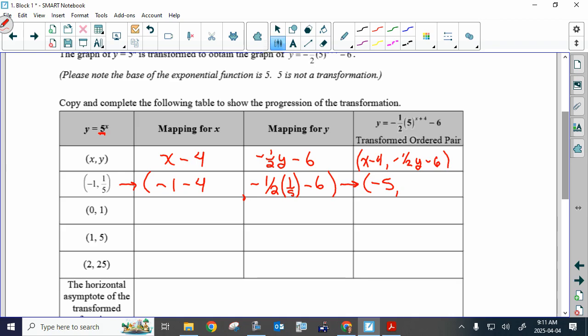It's negative 6 and 1/10, but what is that? Is it negative 61 over 10? Follow through, and do the next few ordered pairs.